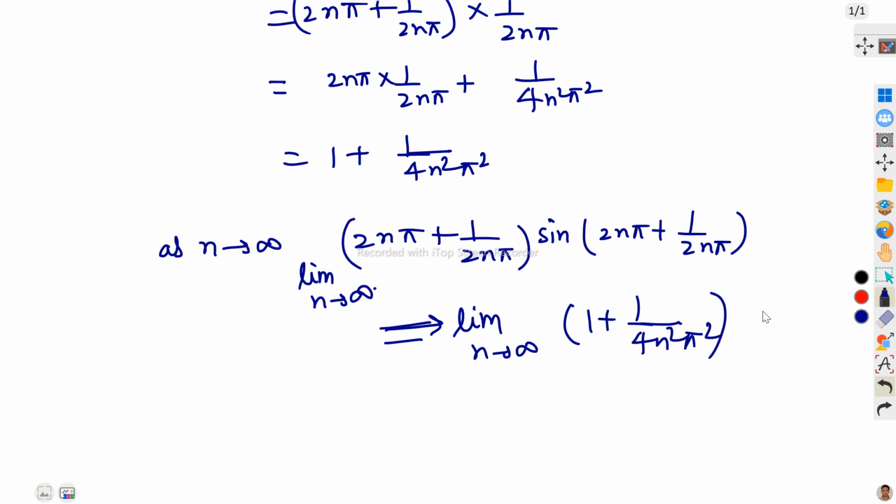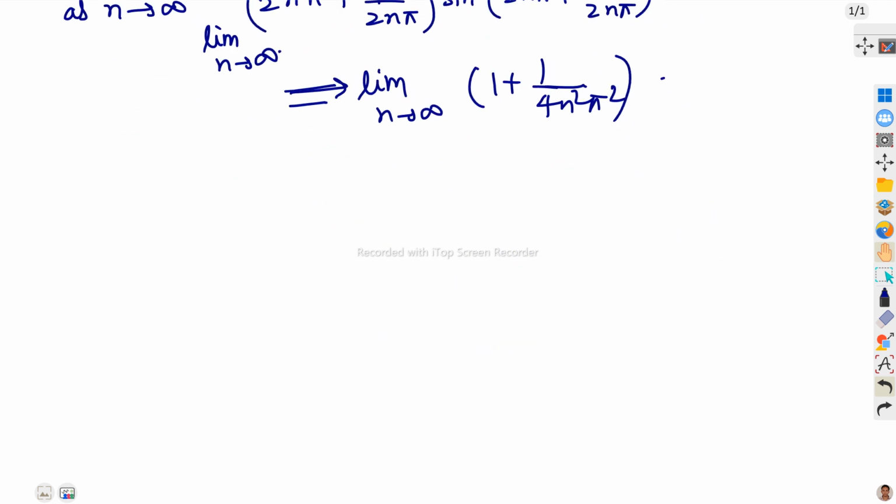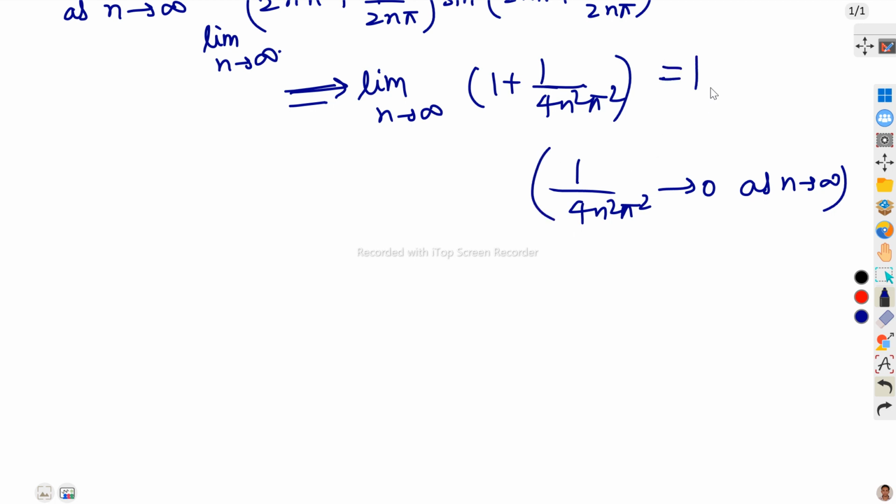And we know that as n tends to infinity, 1 upon n squared tends to 0. So 1 upon 4n squared π squared tends to 0 as n tends to infinity. So this limit is equal to 1.